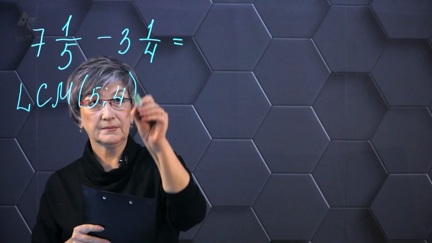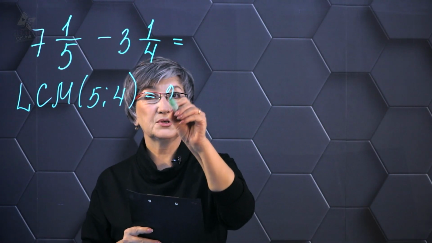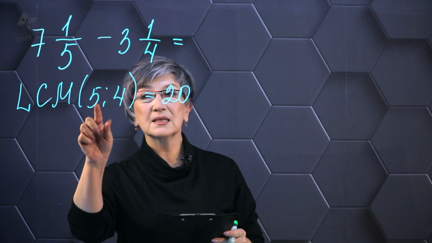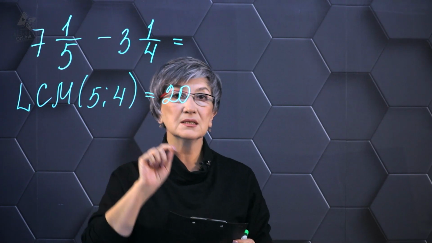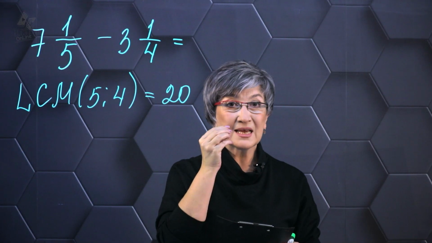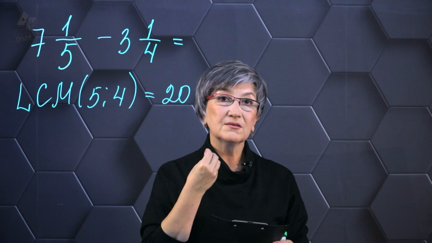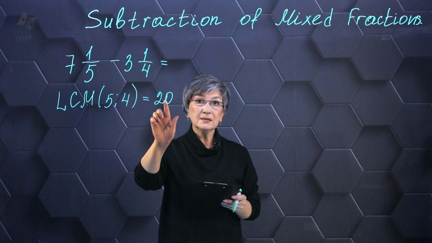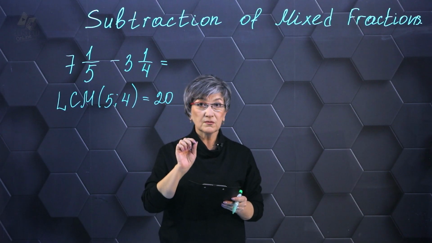Let's write down that the least common multiple of 5 and 4 is the number 20. Why 20? Because 20 is divisible by 5 and 20 is divisible by 4. Try to get to that number on your own. So the least common multiple is the number 20.